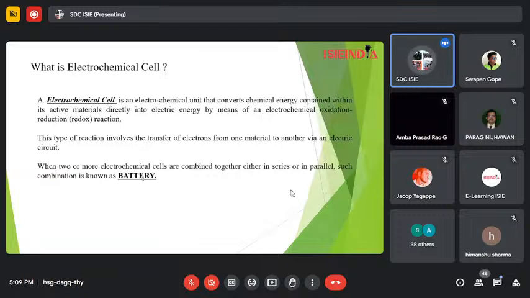What is the electrical circuit? Nothing but our conductors connected to the load, a closed loop circuit.